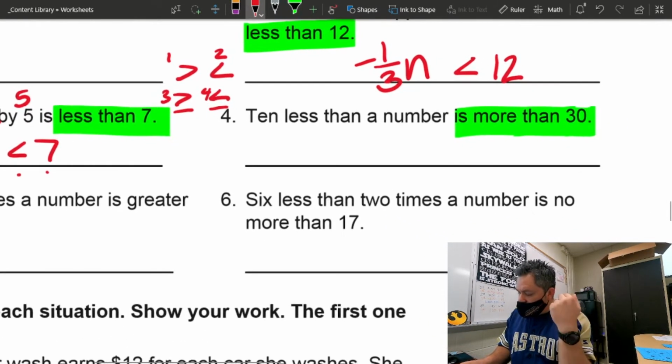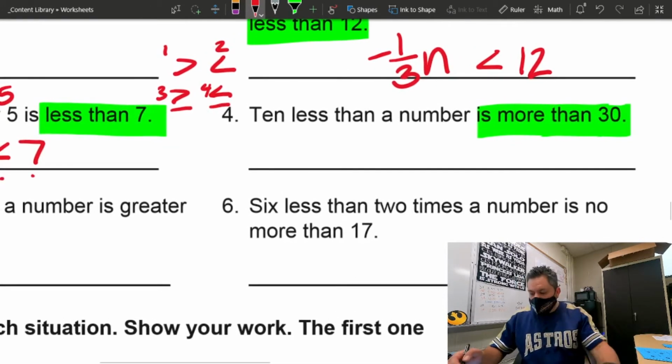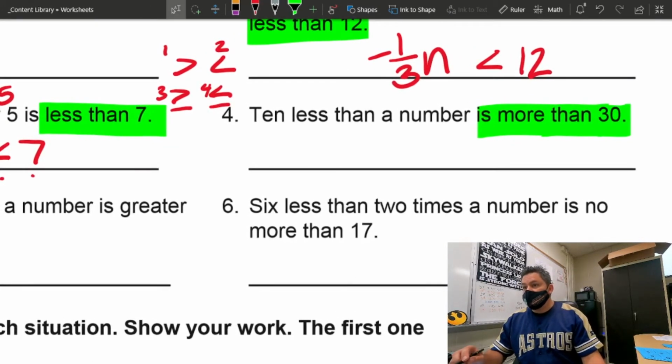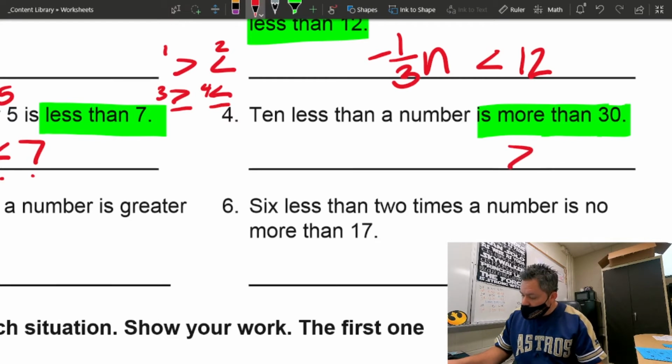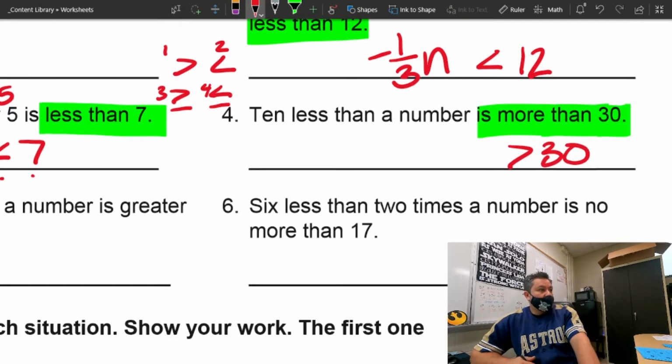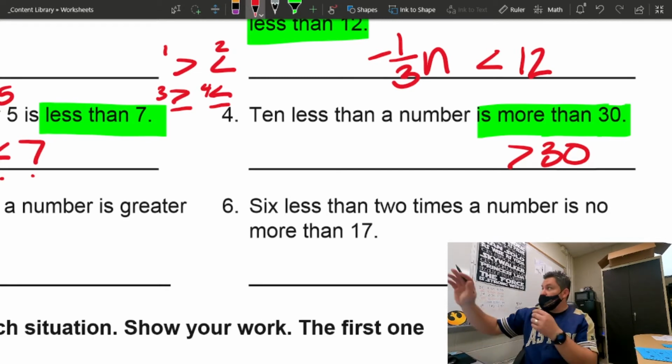Which one am I using for number 4? More than 30. I'm using number 2. Okay, we good so far? Who has anything different than that?